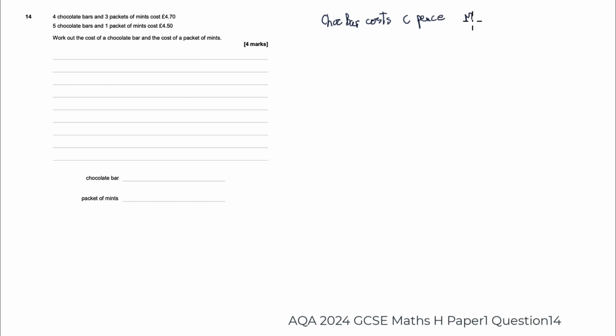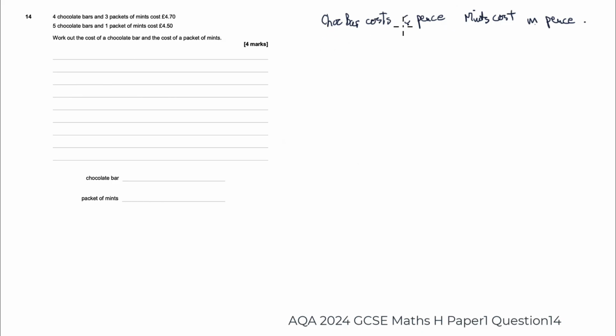And mints cost M pence. So our first task is to get this information that we're given in terms of C and M, these 2 costs that we're trying to find out.